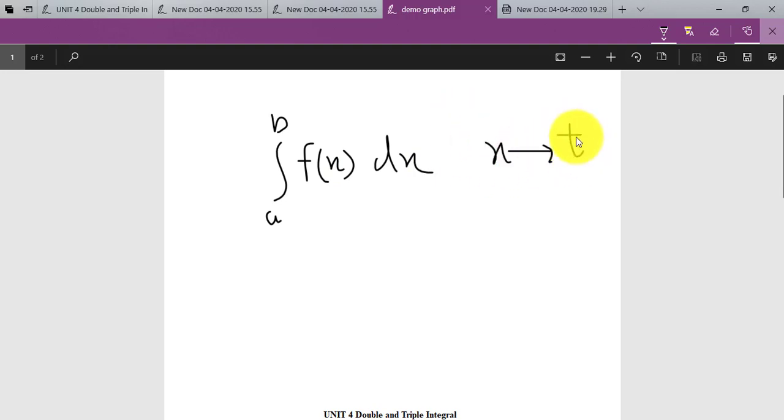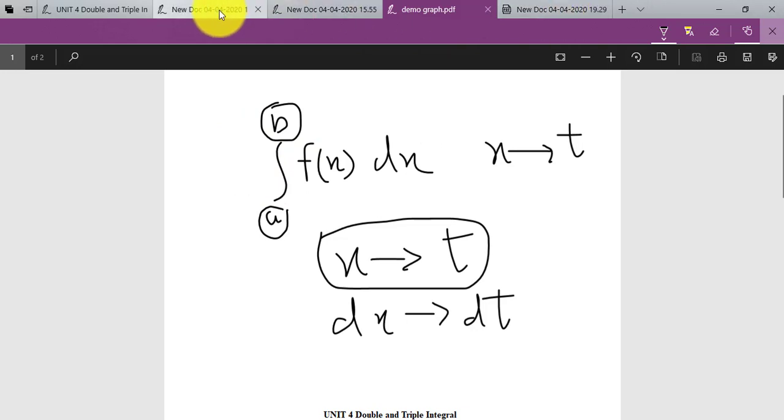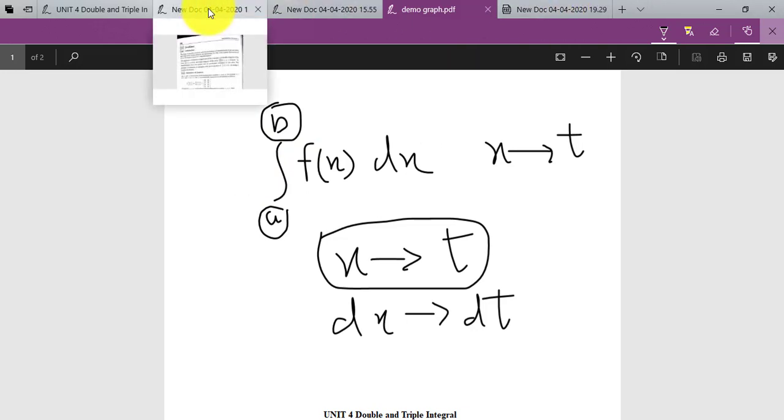What you used to do is three steps: write x in terms of t, write dx in terms of dt, and finally find the new limit for t. Same is the case whenever we are changing the variables from x and y to r and theta.